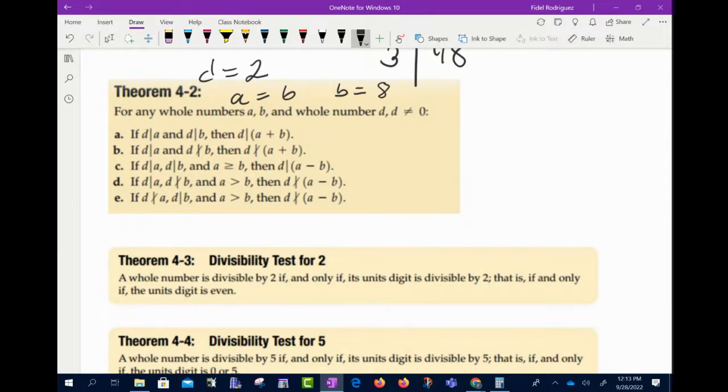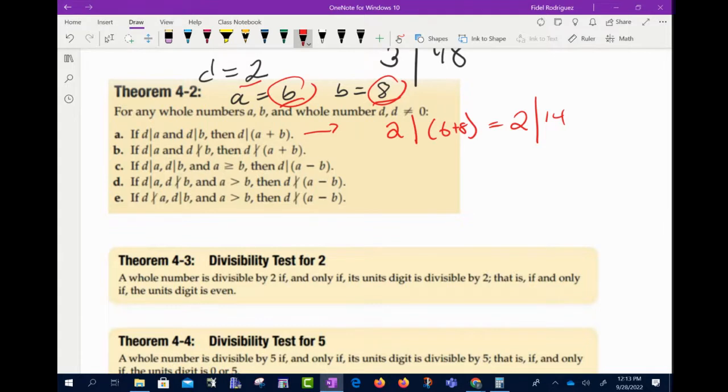Okay, so look what it's telling me. Right here, y'all, it just says this number will go into 6, nice and neat, and it'll also go into 8. What the first theorem is telling me is if we were to add 6 and 8 together, that my number 2 would divide those numbers when I add them up. 6 and 8 is going to give me 14, and yeah, 2 does divide 14.